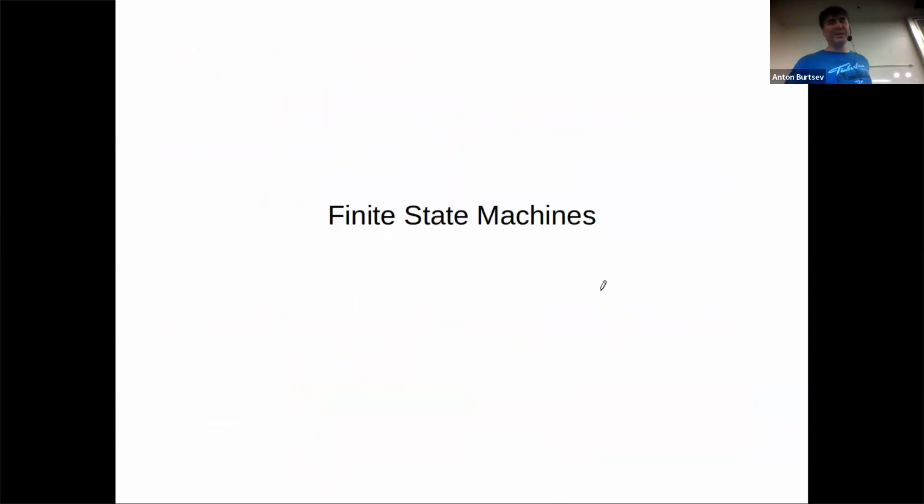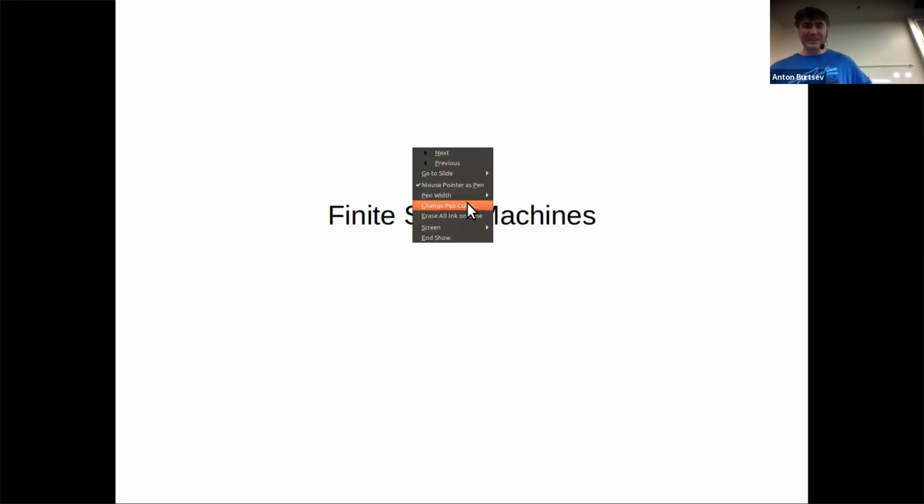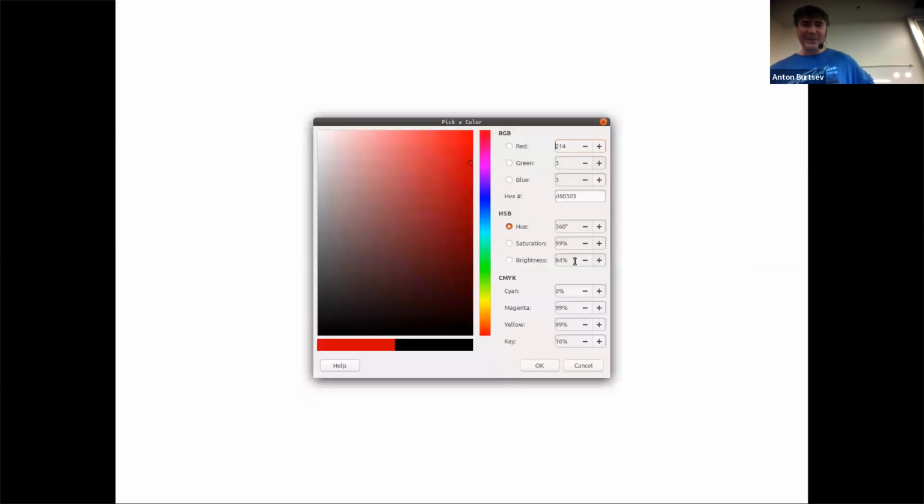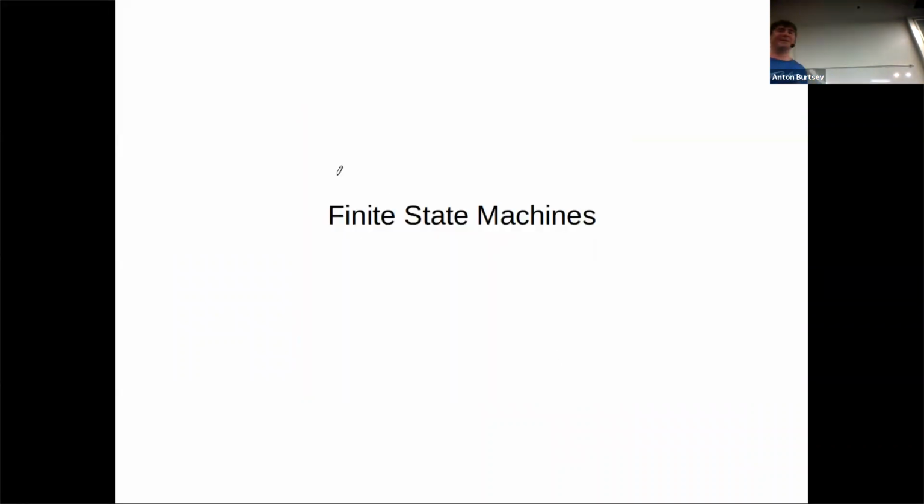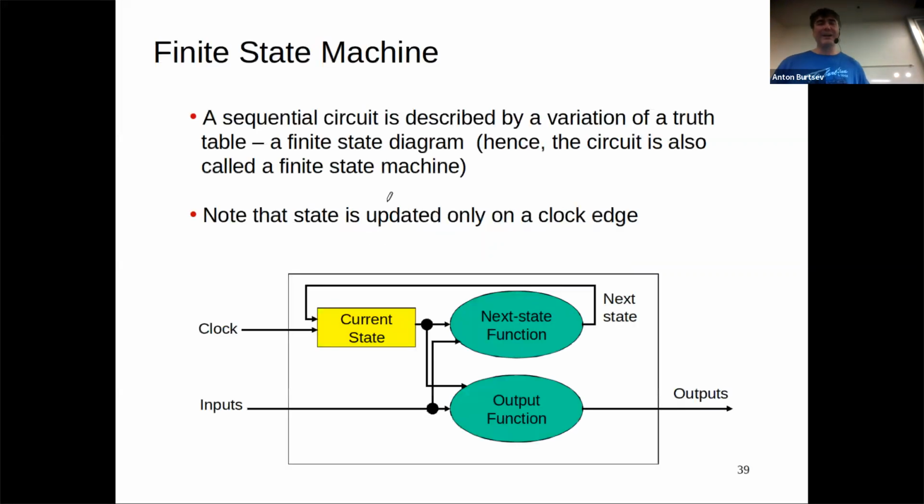Okay, so back to this idea that we can think of computers as high-level C programs in a way. State machine sounds a little scary, but in practice it's very easy, as I'll show you in a second.